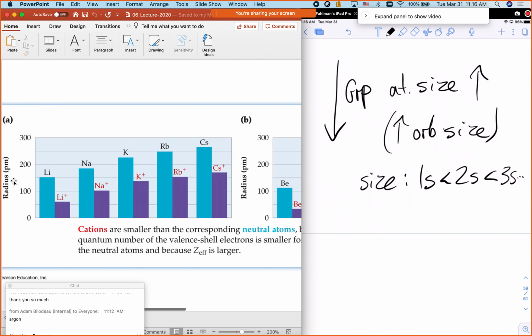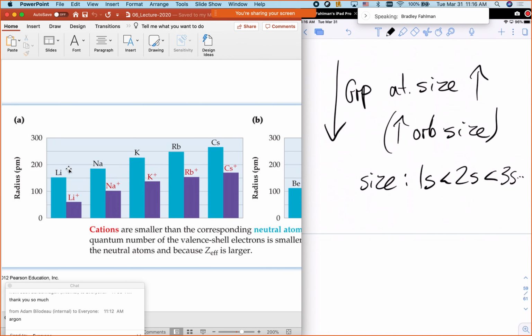So this is radius in picometers, okay? And you'll notice the same trend with ions, actually. So it's the same thing with the positive ions, but you'll notice that if they're positively charged, so cations, they will always be smaller than their corresponding neutral atoms, okay? And the reason for that is you're just taking away electrons from it.